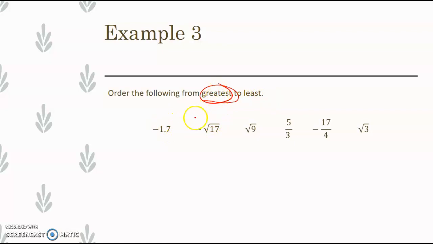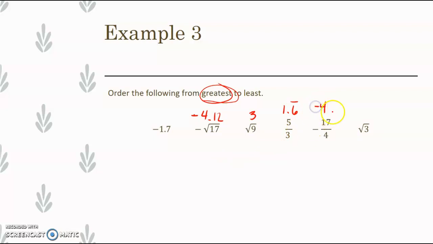So I'm still going to find my approximations. This is going to be 4 point something because 16 is 4. So the square root of 17 is 4.12. The square root of 9 is 3. 5/3. 3 goes into 5 once, with 2 remaining, so that would be 1.6 repeating. 17 divided by 4. 4 goes into 17 4 times.